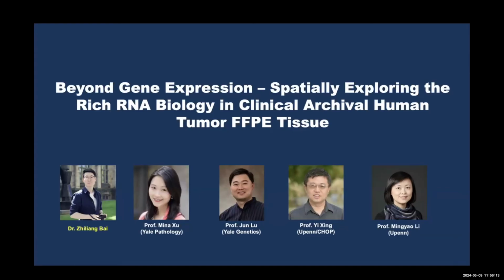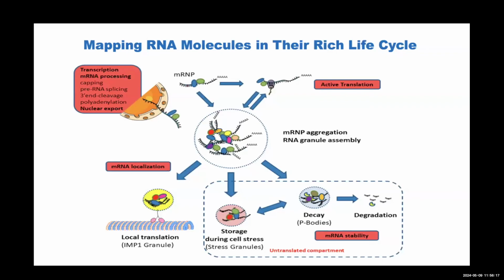This has been uploaded to bioRxiv, but I just want to emphasize that the biology of the RNA molecule is actually extremely rich. It's not just gene expression, but the whole field of spatial transcriptomics to some degree is equal to spatial gene expression.